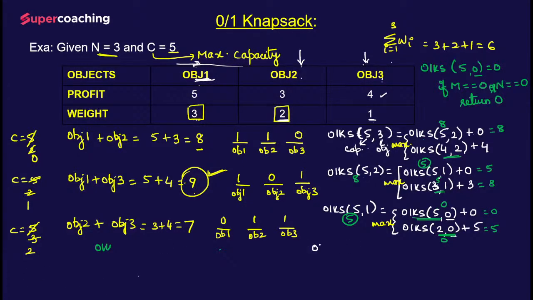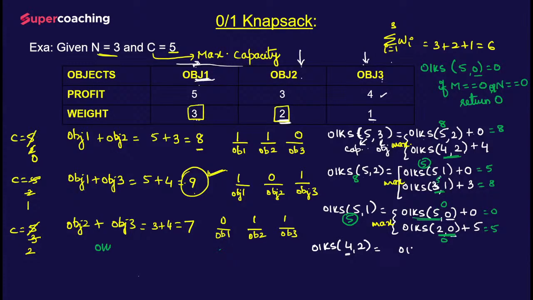0 1 knapsack 4, 2. That means right now the capacity of knapsack is 4 and we are considering the object 2. Capacity is greater than the weight of the object. तो इसका मतलब हम object को consider कर सकते हैं और reject भी कर सकते हैं.